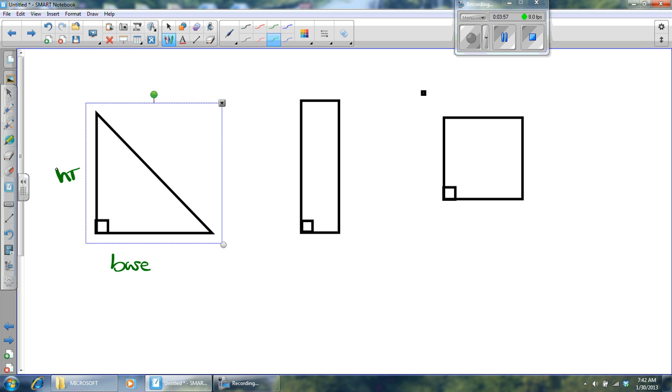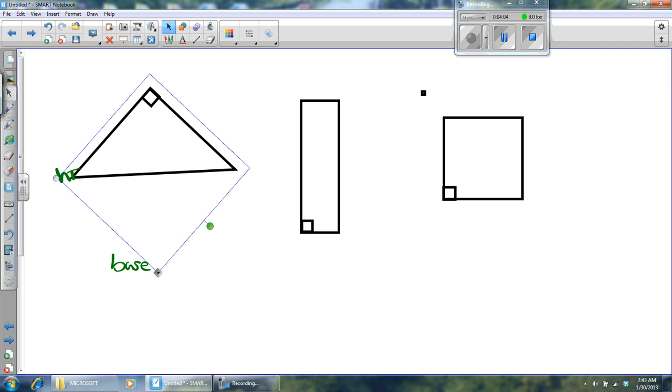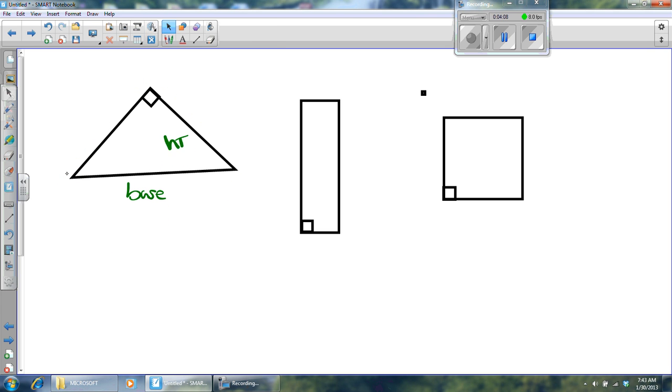And I wouldn't necessarily disagree with you. But what if the triangle would turn this way? You might want to call the base this, and then you're not sure what to call the height, okay? Well, the trick is, what just happened there? The trick is that the base and height have to come together at a right angle.